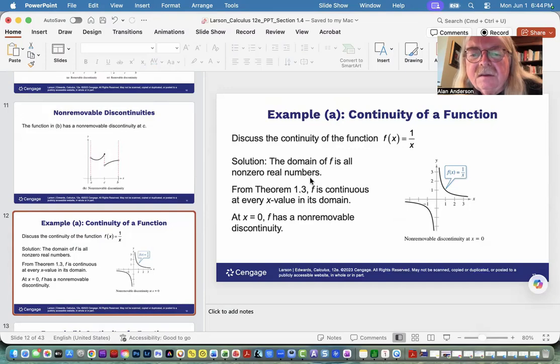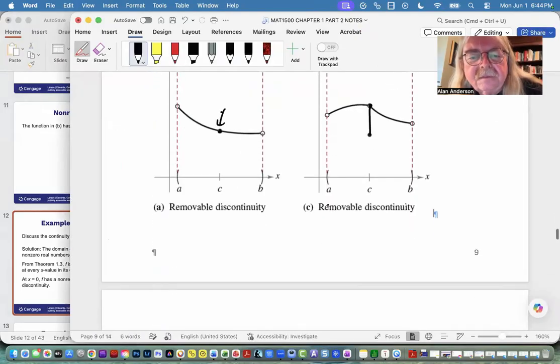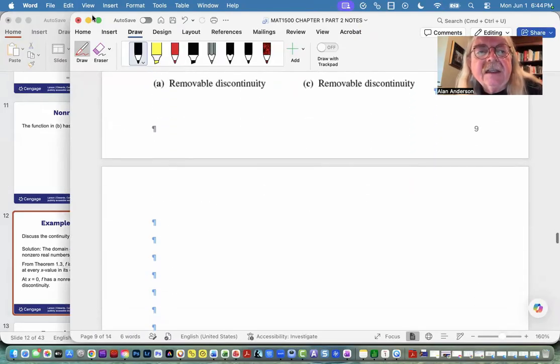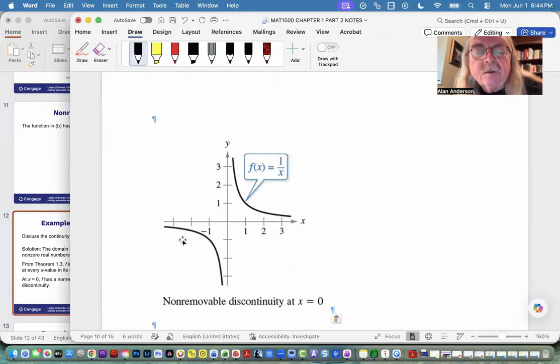Now a good example of this is f of x equals 1 over x. And you can see here, we have an asymptote at the point x equals 0. In other words, the vertical axis is an asymptote.